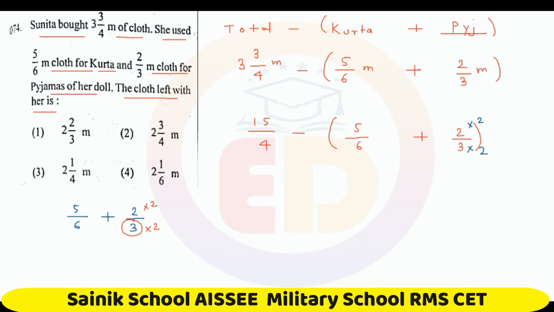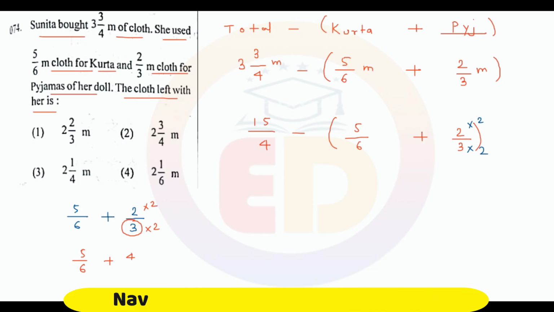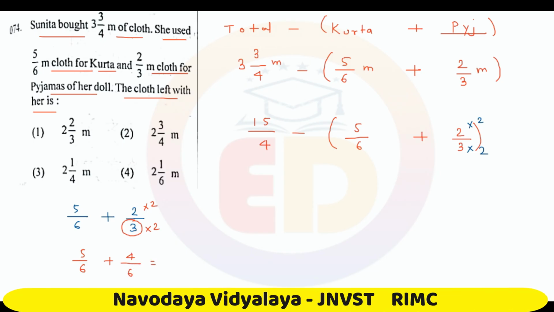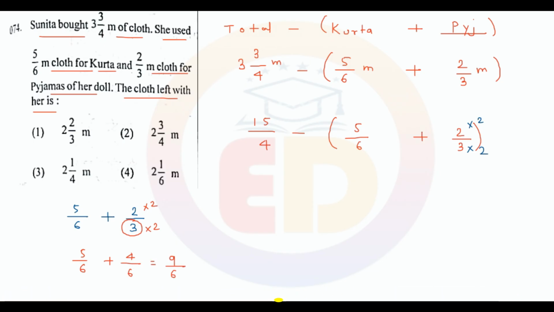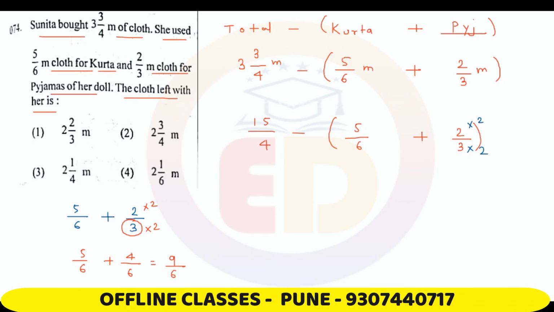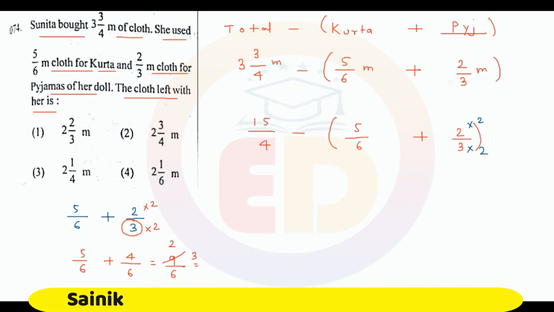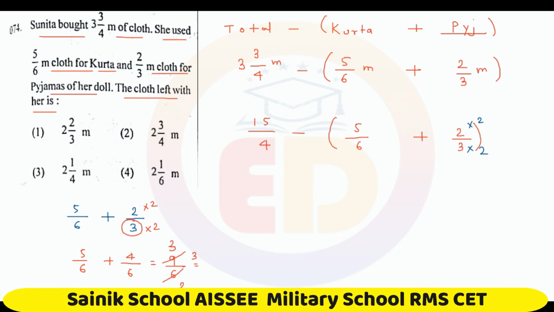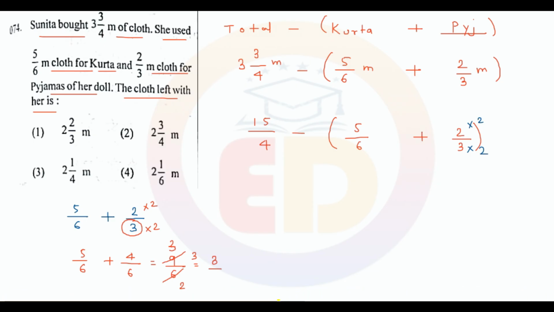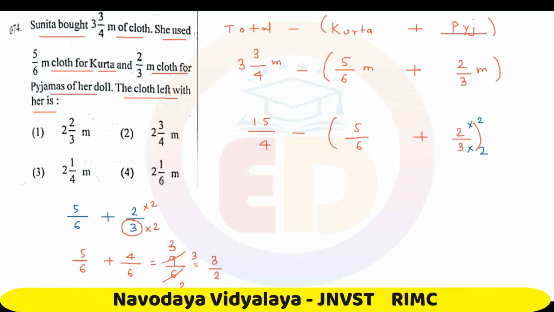It will be 5 by 6 plus 4 by 6. It will be 9 by 6. Now 9 by 6, simplify by 3. 3 3s are 9, 3 2s are 6, so it is 3 by 2. So the actual cloth utilized or used is 3 by 2.